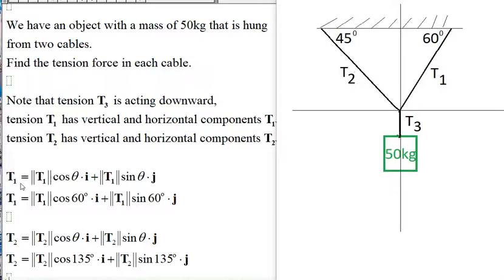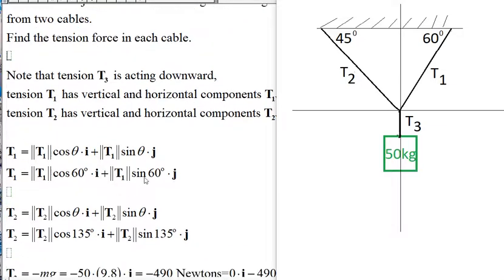The vector t sub 1 is equal to the magnitude of t sub 1, which is what we're looking for since we want to find the tension force in each cable, times cosine of theta, the 60 degree angle right here, plus the magnitude of t sub 1 times sine of 60 degrees. This is the vector t sub 1, which is this vector right here, and once again, the tension force is acting in this direction.